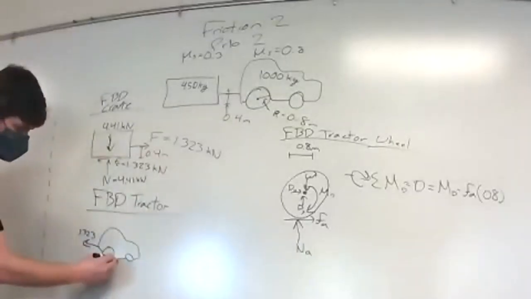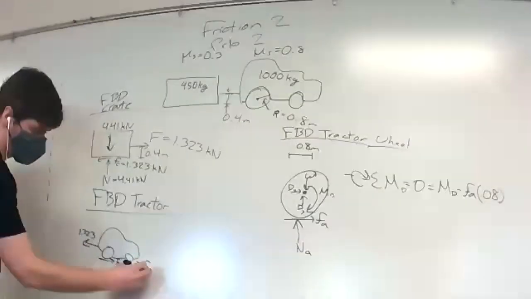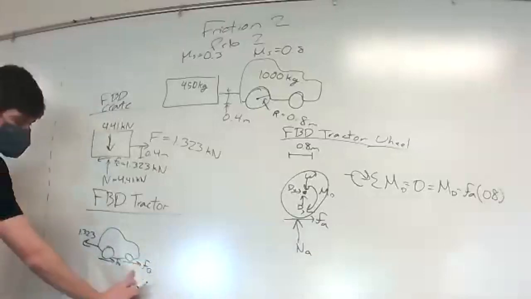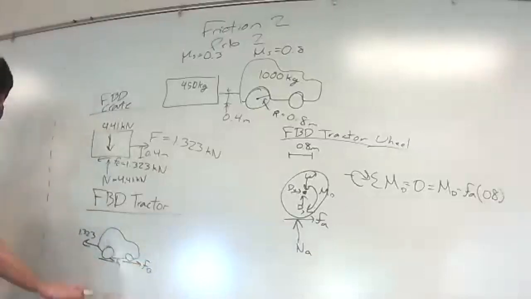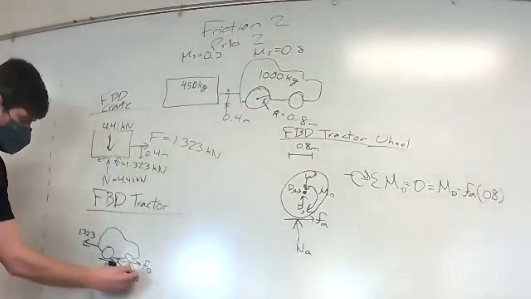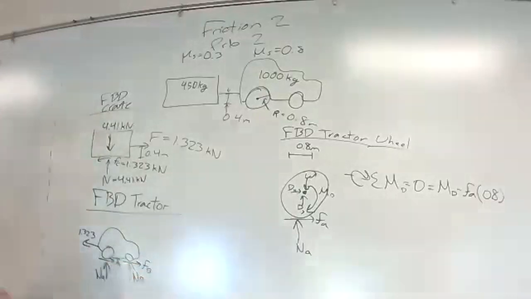And we have our FA, I'm going to call this FB. So friction at this wheel is FA, and friction at this wheel is FB. And we have our NA, our NB, because both of these points are touching the ground.